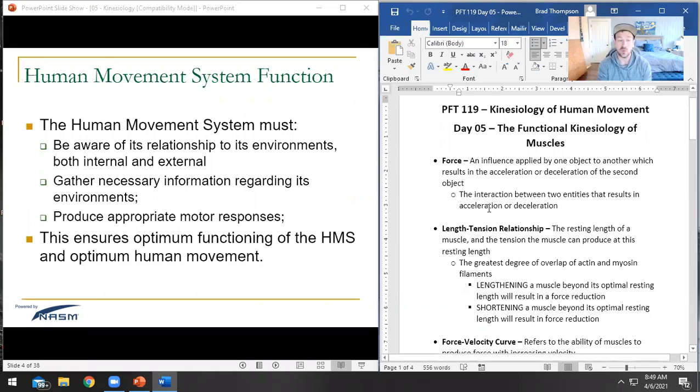So we need to be aware of its relationship to the environment, both internally and externally. Your body needs kinesthetic awareness of what's going on internally, like if a muscle is being stretched or shortened. It also needs to understand how it's interacting with something it's grabbing, like how heavy something is, for instance.